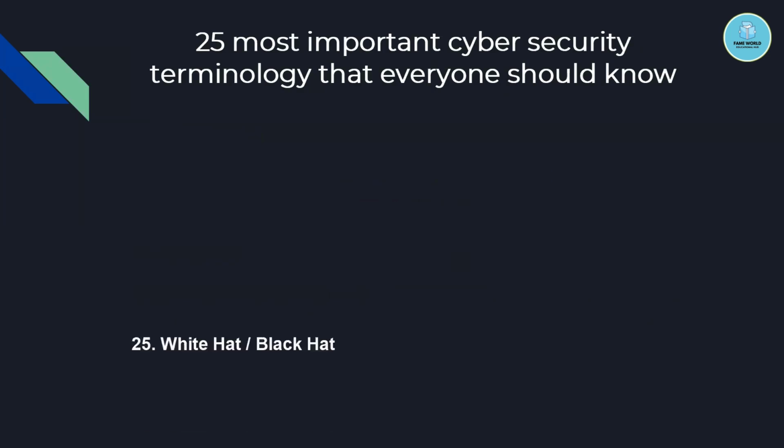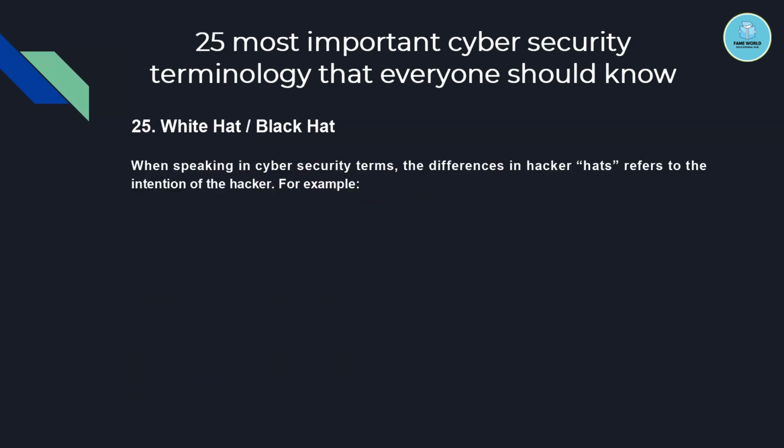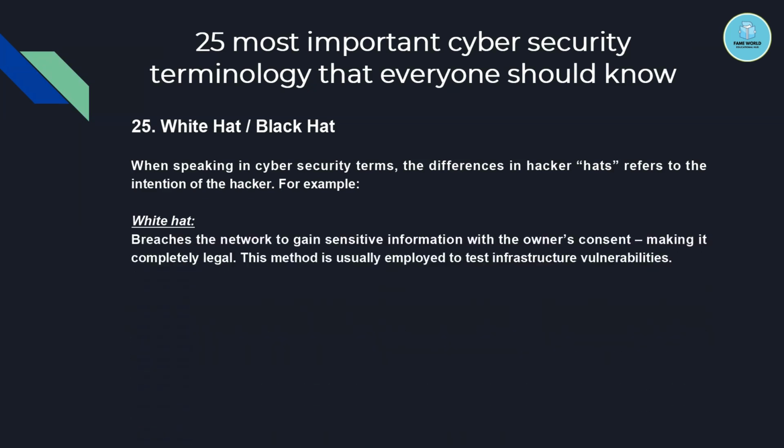Then after this, the next thing which comes into the picture is white hat and black hat. You must have heard about white hat hacker and black hat hacker. A white hat hacker is a security expert who legally hacks the system to find vulnerabilities and improve cybersecurity. And the black hat is the hacker who is unethical.